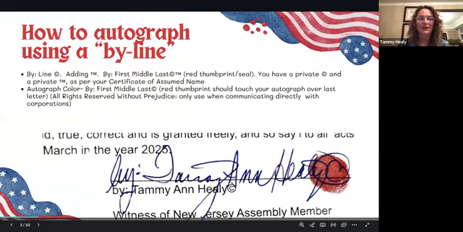I have up here my byline, Tammy Ann Healy, a copyright, and I have my thumbprint over. You always want to put your thumbprint over the last letter of your last name and the copyright. And you always want to put all rights reserved without prejudice, only used when communicating directly with corporations.